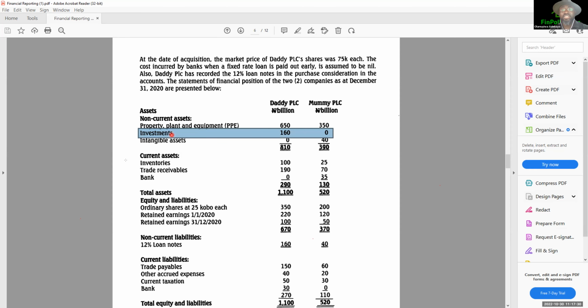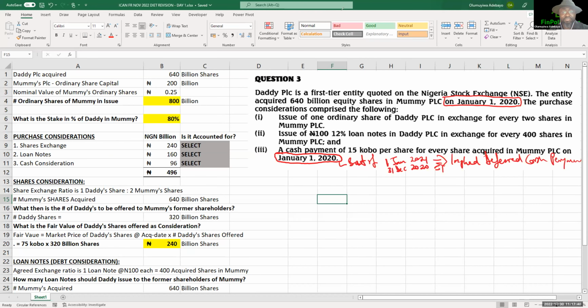And this 160, are we familiar with something like 160? Let's switch. Can we see 160 in all of this? The answer is yes. You can see it here, which corresponds to that loan note, which means indirectly they've confirmed to us that these other two have not been accounted for.